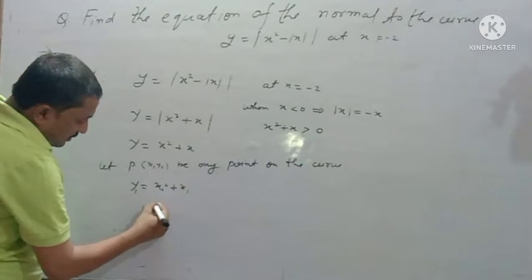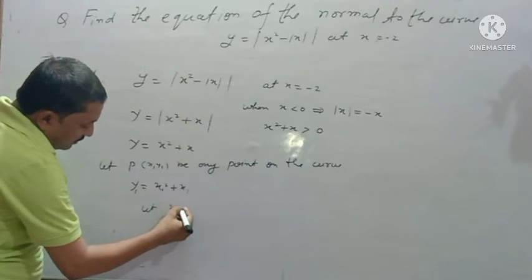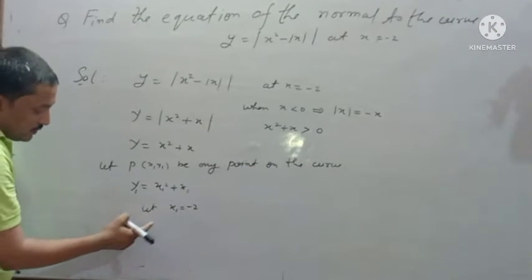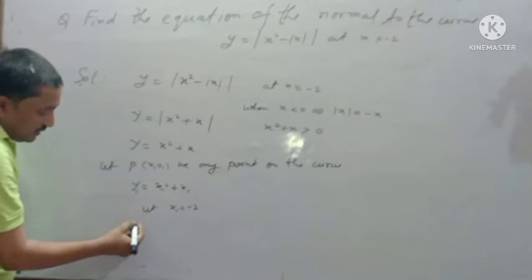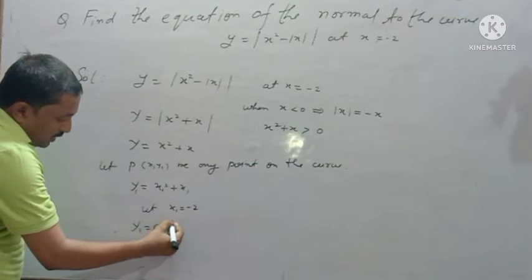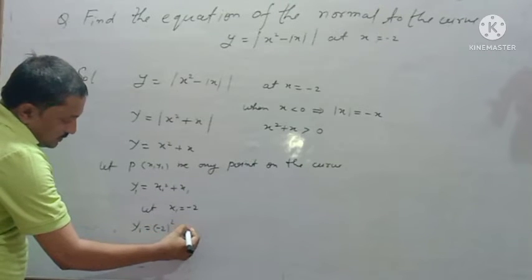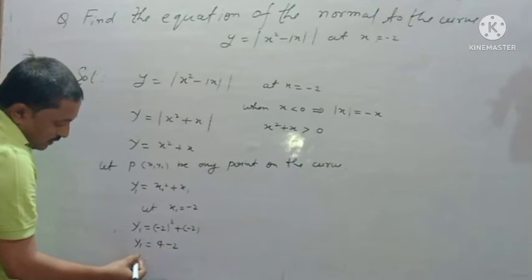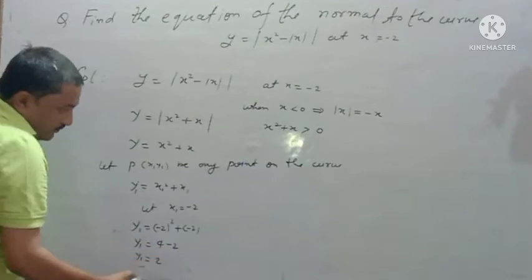We have been given the point x1 equal to minus 2. Put the value of x1 in this equation. So y1 equal to minus 2 whole square plus minus 2, so y1 equal to 4 minus 2, then y1 equal to 2.